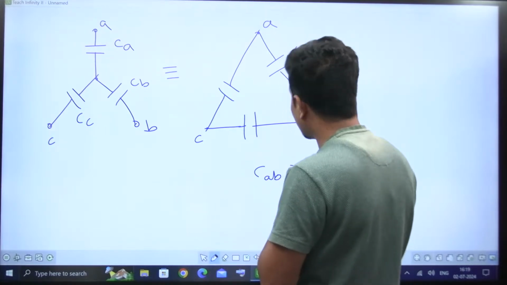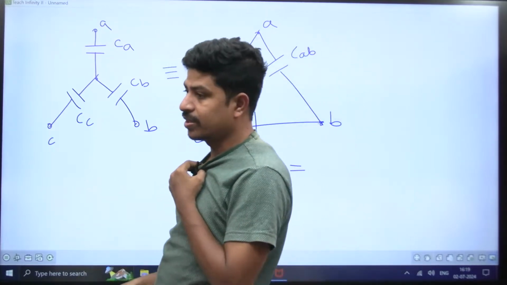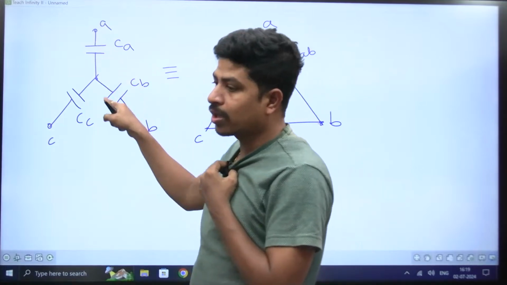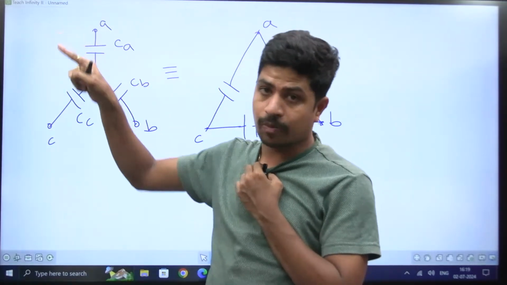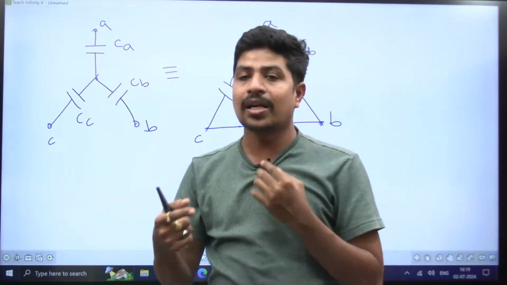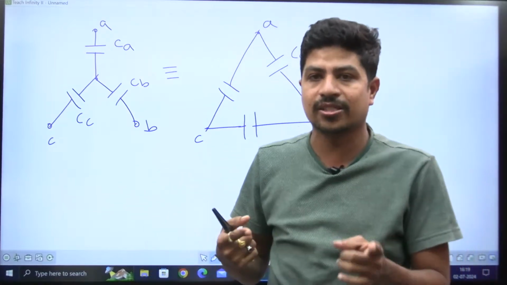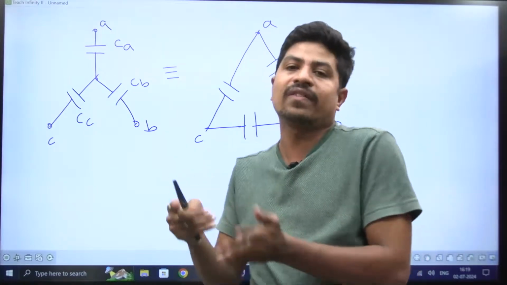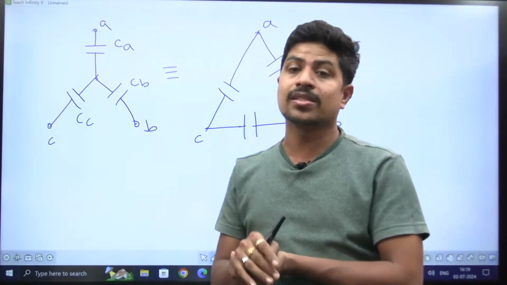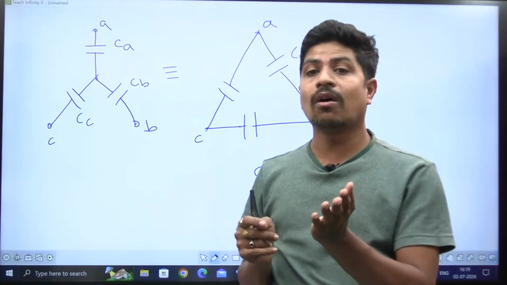When you are doing delta to star of resistances, you were taking connected branches product by total. Delta to star of resistances, I repeat, is similar to star to delta of capacitances, and delta to star of capacitances is the same as that of star to delta of resistances.